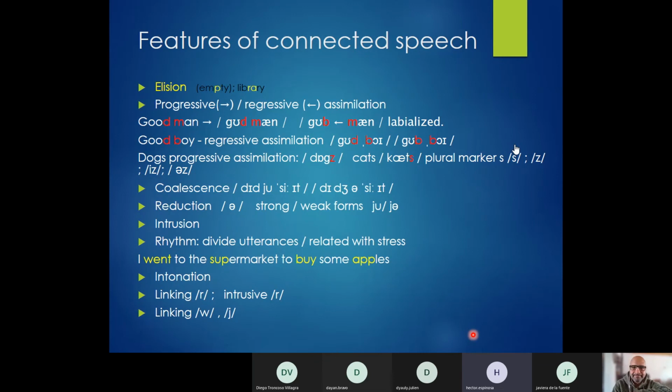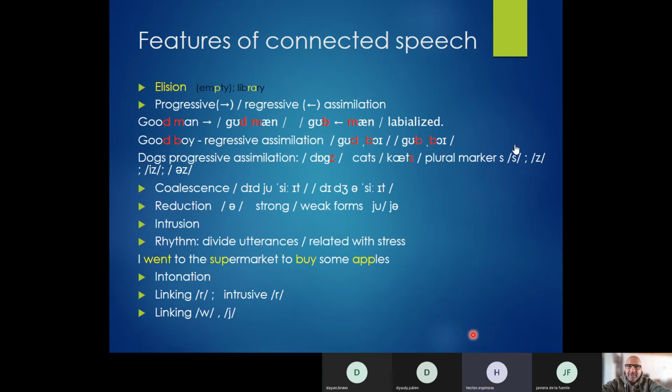The question is because I can't remember anything about this class, only the features like intonation, linking, and reduction, elision, progressive. I can't remember where. And additionally, what contents on the internet can I search to study this?